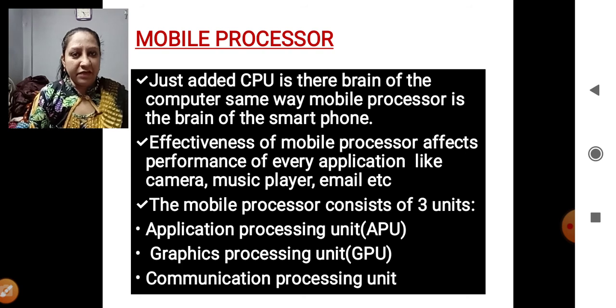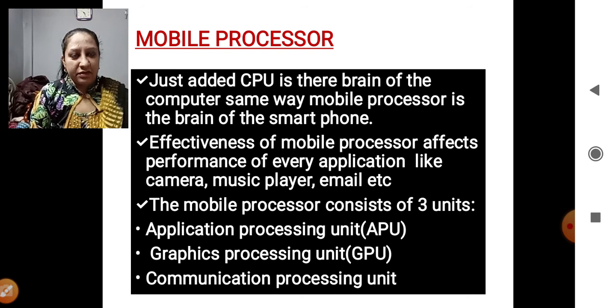The effectiveness of the mobile processor directly and indirectly affects the working of every application. Better the processor, better will be the working of all the applications like camera, music player, email, whatnot. Every app installed depends purely upon the efficiency of your mobile processor. So it is the core of your whole mobile.